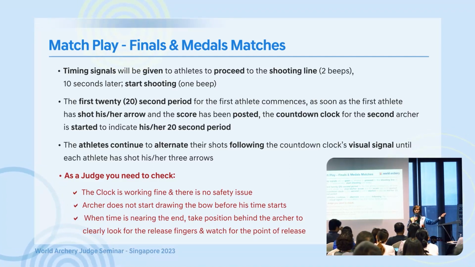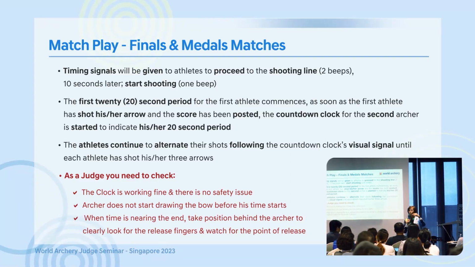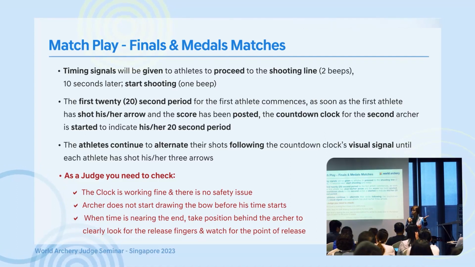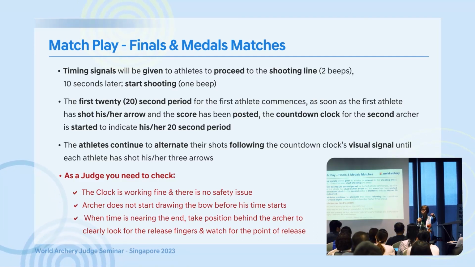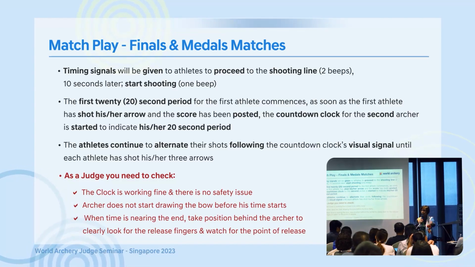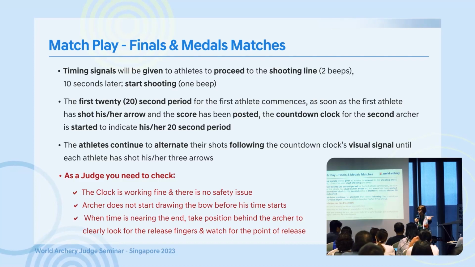So what do you do when that happens? Okay, maybe that time you let it go because it's very fast, but get out of your box and warn the coach that your archer is raising the bow arm before the time.